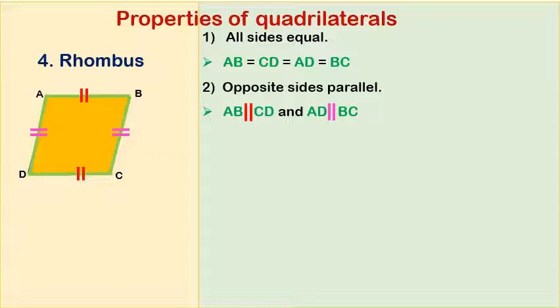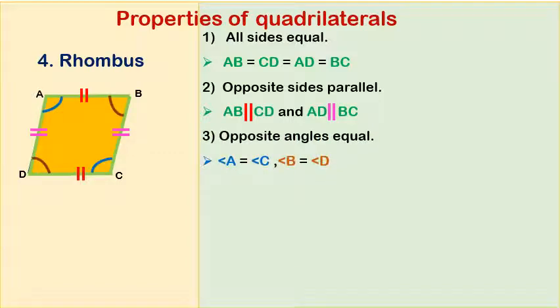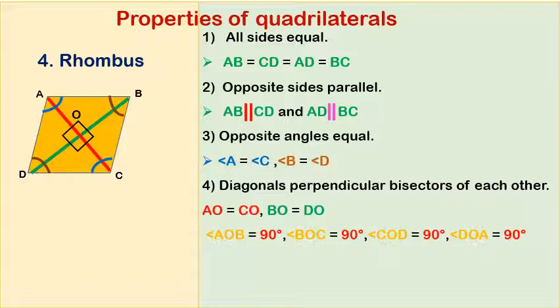And opposite angles of a rhombus are equal, which means angle A equal to angle C and angle B equal to angle D. And diagonals of a rhombus are perpendicular bisectors of each other, which means diagonals divide into two equal halves and make right angles. So AO equal to CO and BO equal to DO.